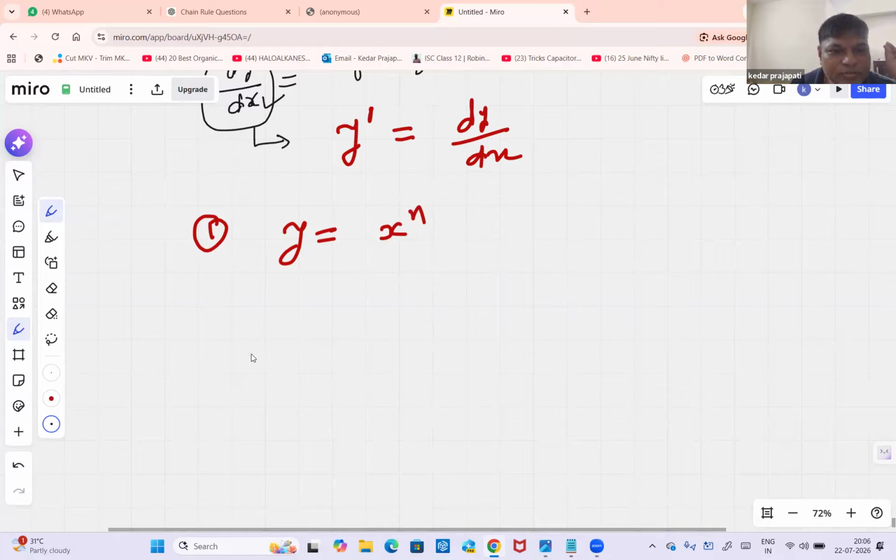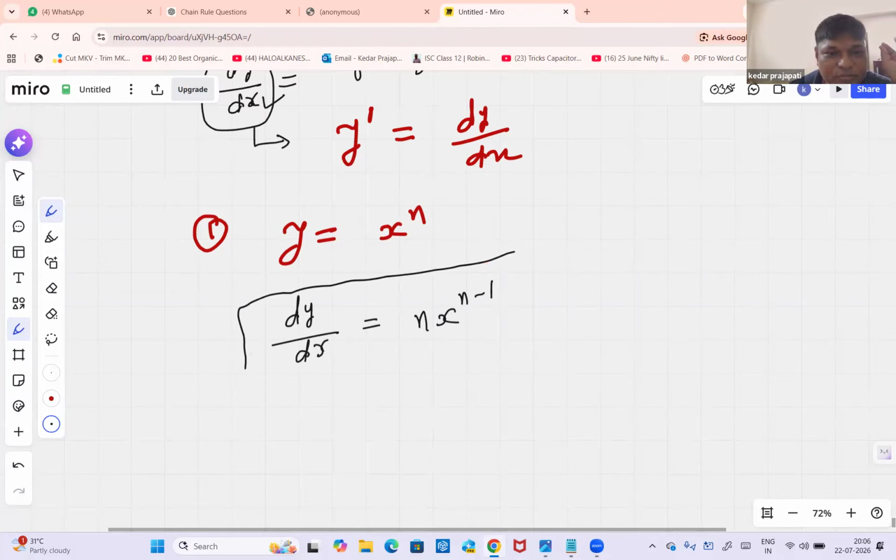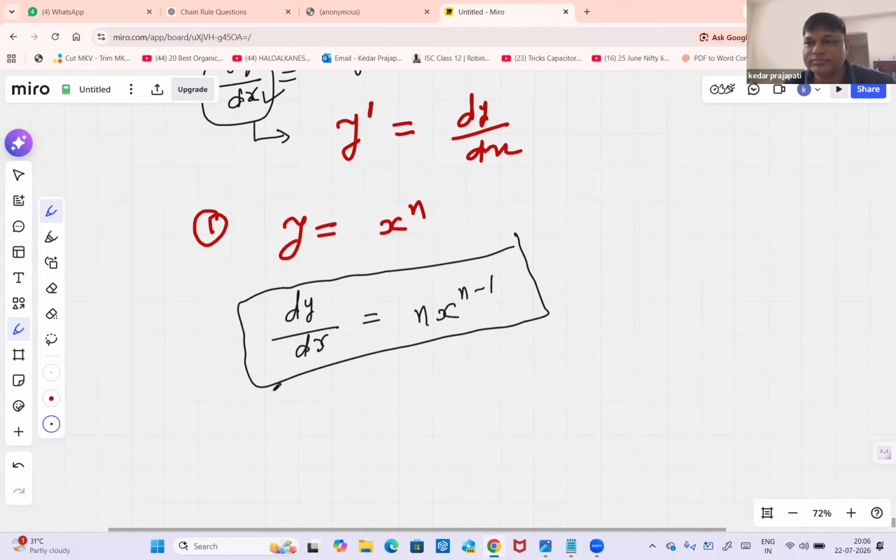Its dy by dx will be n into x to the power n minus 1. This is the base of all the differentiation. I think you are clear on this much.